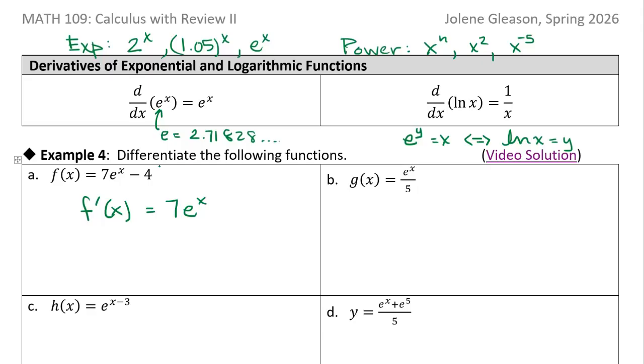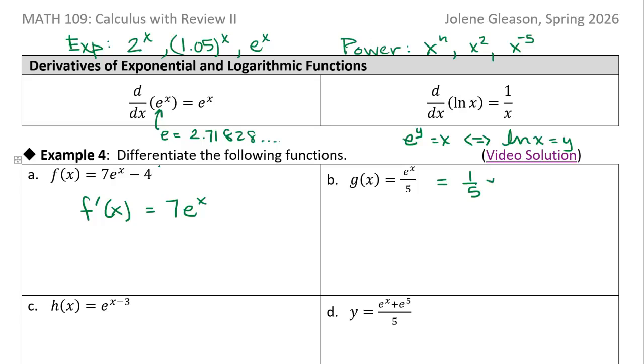So we're done. The next one, g of x is equal to e to the x over 5. Now we know how to deal with constant multiples of a function, but what happens when we divide a function by a constant? Well, we can always turn division into multiplication because dividing by 5 is the same as multiplying by 1/5.